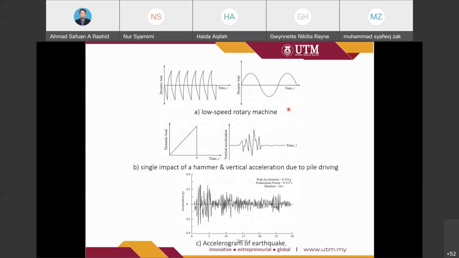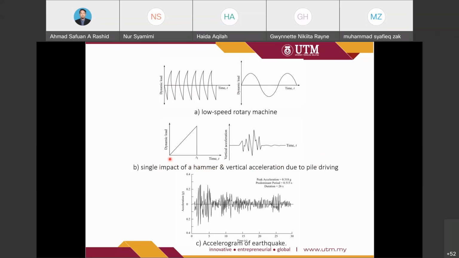This is an example of cyclic load: low speed rotary machines. We know the magnitudes of the load, and it shows a cycle of loads with time. Another example is a single impact of a hammer and vertical acceleration due to pile driving. For example, we may use pile dynamic analysis, PDA.